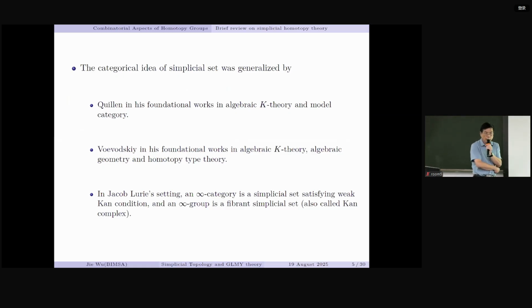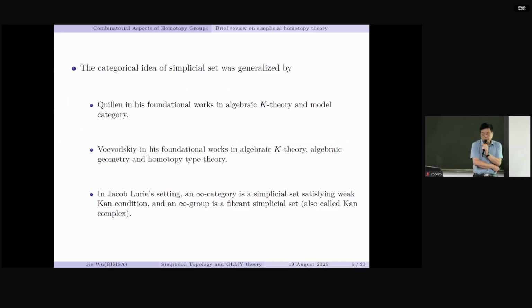These categorical ideas were developed a lot in history. In the 1970s, Quillen used these ideas, what he called homotopy algebra instead of homological algebra. That gave foundational work in algebraic K theory, where you can introduce higher K groups.